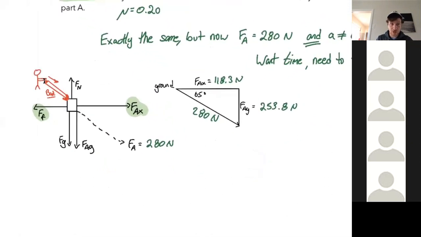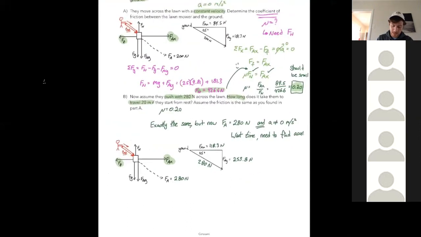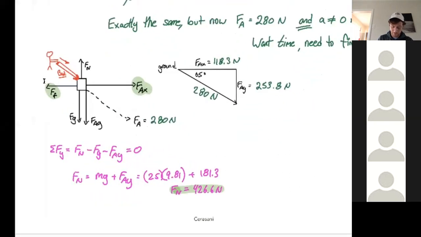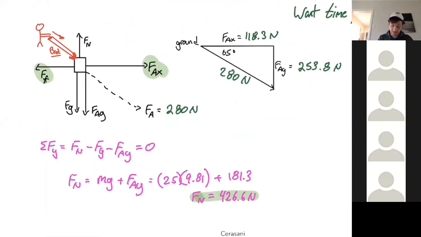The other thing that doesn't change is our normal force. The sum of the forces in this y direction, this pink normal force, is going to be exactly the same, right? We're not changing any forces, we just changed how much force. So we still have the same mass, but now we can replace our FAY component with 253.8, which means that's going to change what the normal force is.